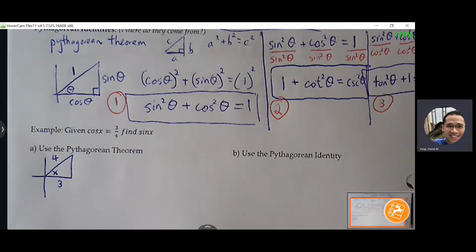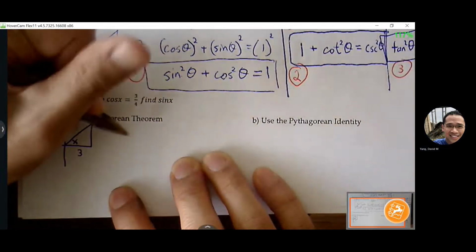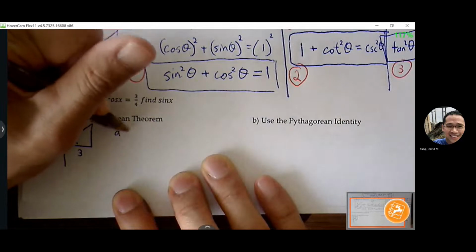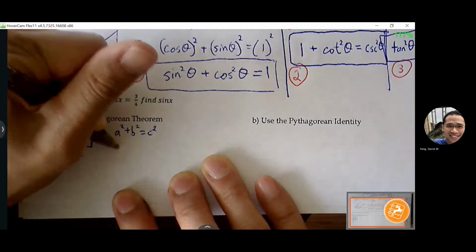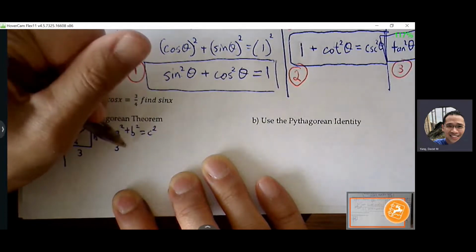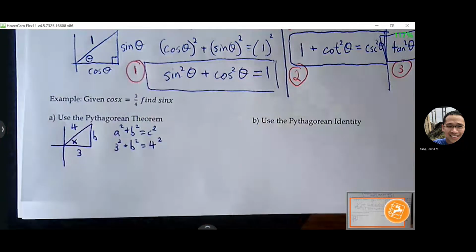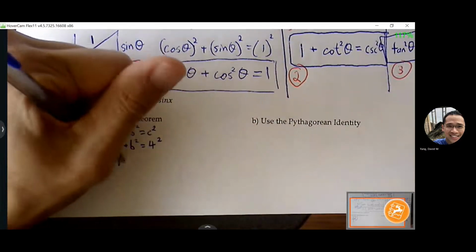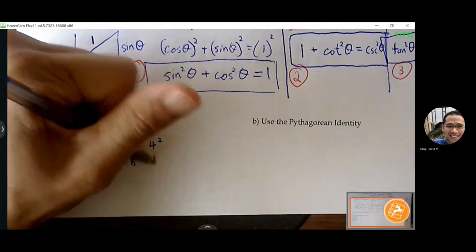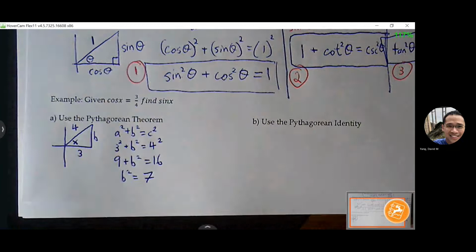Careful though, we don't want to say 3 squared plus 4 squared equals c squared, right? Because that 4 is in the hypotenuse spot. So it's not going to be as clean as a 3, 4, 5 triangle. Okay.